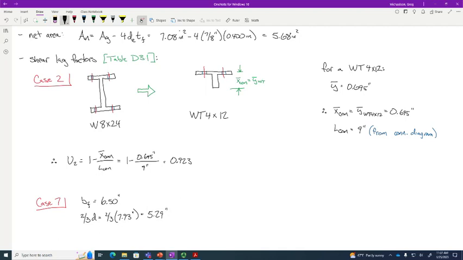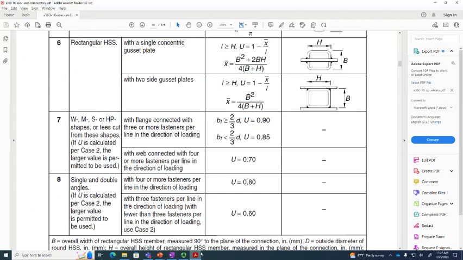So if I compare the flange width and 2/3 of the depth, the flange width is bigger, right? And if the flange width is bigger, what do we get for U7? 0.9, right? Because we go here and we say if the flange width is greater than or equal to 2/3 of the depth, U is 0.9. So U is 0.9, so that's U7.